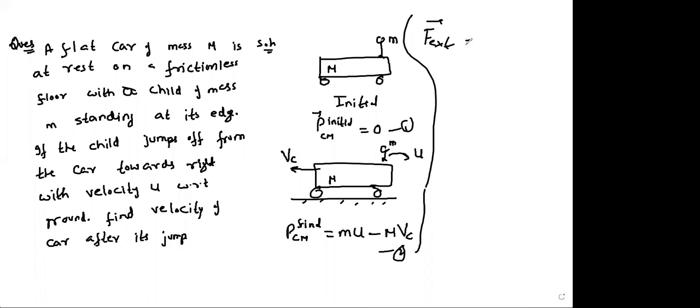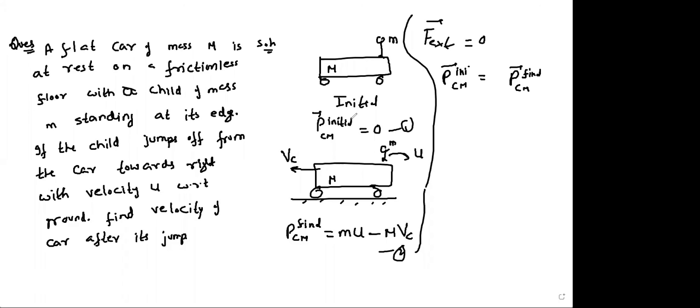If there is no external force, can I say that momentum remains conserved? Yes. Initial momentum of the center of mass will be equal to final momentum of the center of mass. Use this equality and get the velocity of the car.